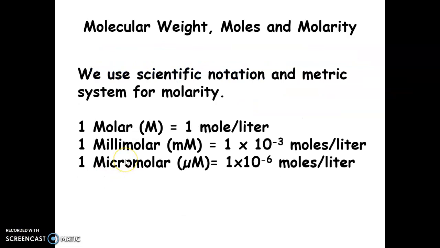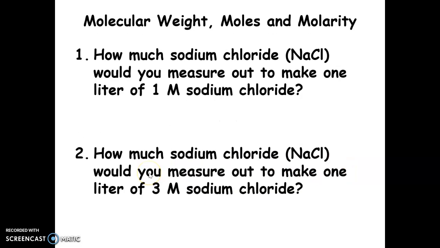And a lot of times, molarity is coupled with scientific notation. So if you see here, we have millimolar, big M molarity, milli means that it's 1 times 10 to the minus 3rd moles per liter. And micro is 1 times 10 to the minus 6. So these prefixes will tell you how many moles per liter.